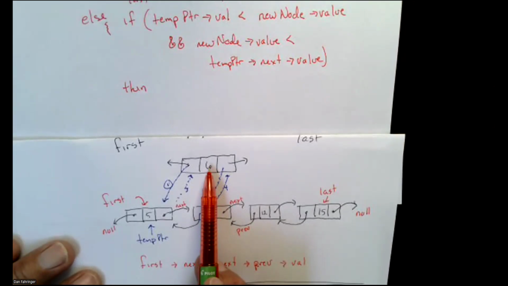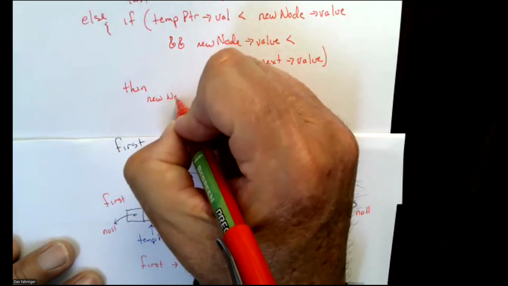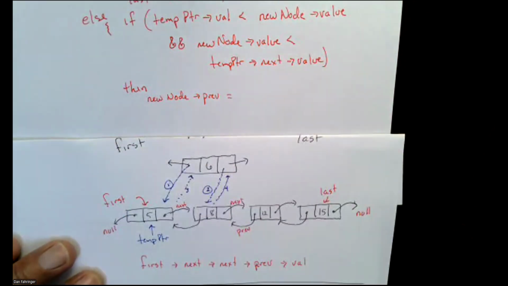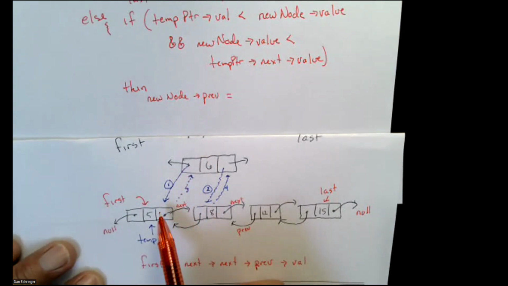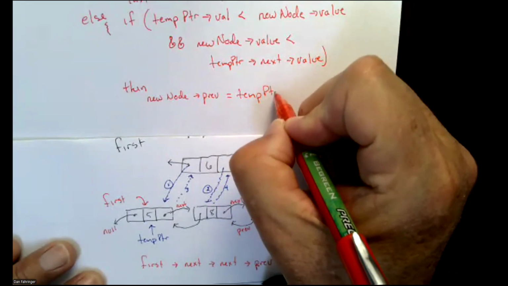New node's prev gets the value of temp pointer. Good. Temp pointer.